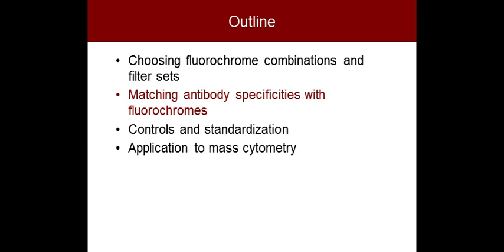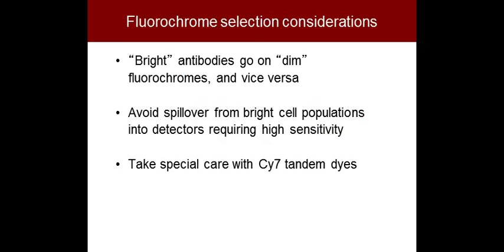So now we say, all right, with that list of fluorochromes, let's pick where to put our various antibody specificities. And the rules are basically these, and you will probably have heard these before in some version or another. They basically are: put your bright antibodies on your dim fluorochromes, and vice versa.